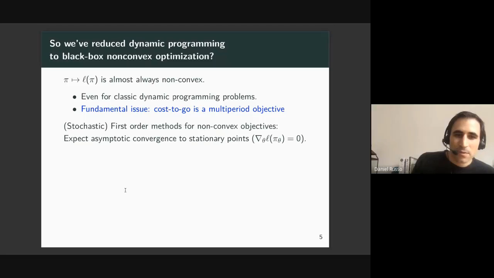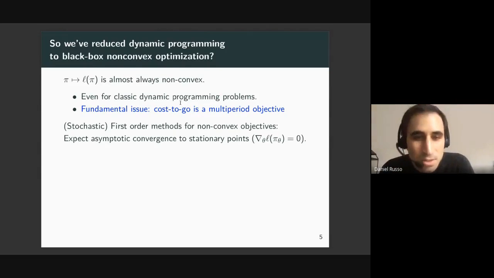All right. So somehow there's something nice that we have reduced dynamic programming to something you can execute easily in TensorFlow. But it's not a totally satisfying reduction because this loss function is almost always non-convex. It's non-convex even in the simplest classical dynamic programming problems that would be treated in a course and can be solved exactly by other methods.